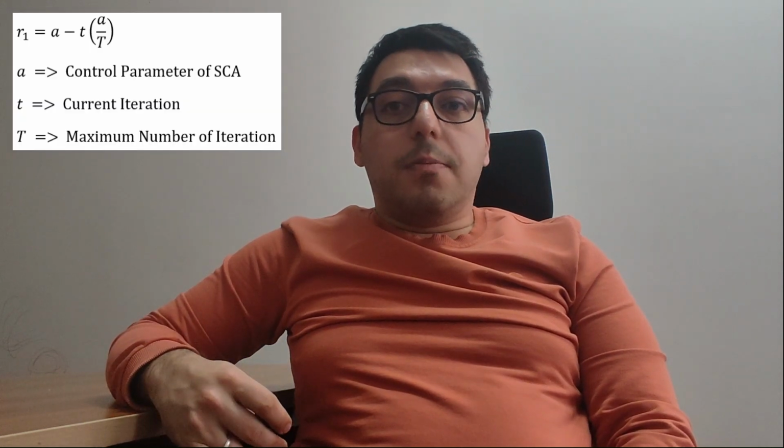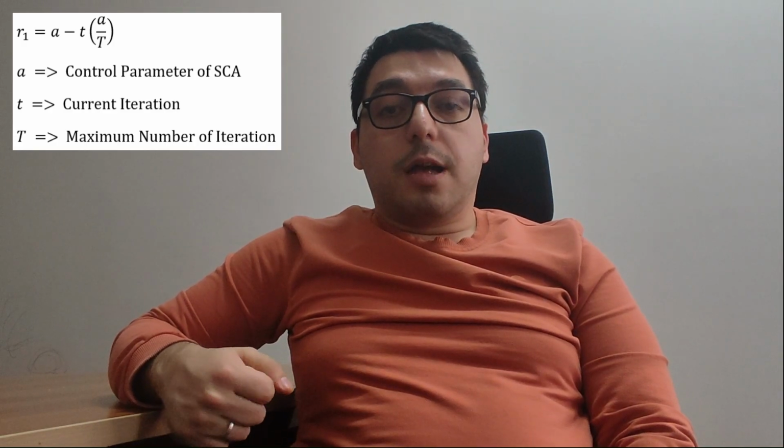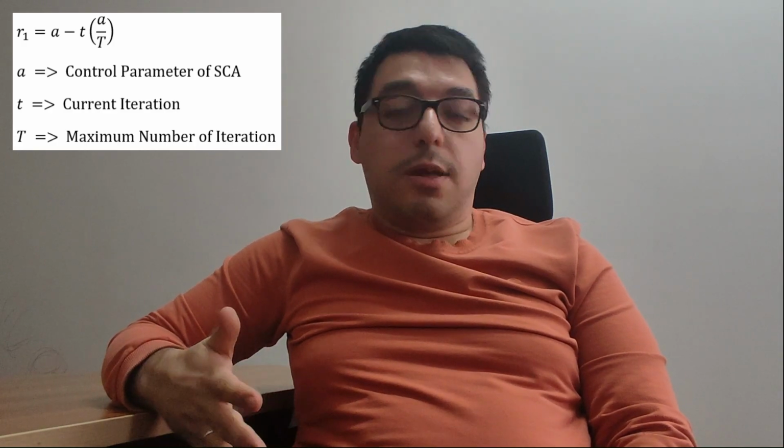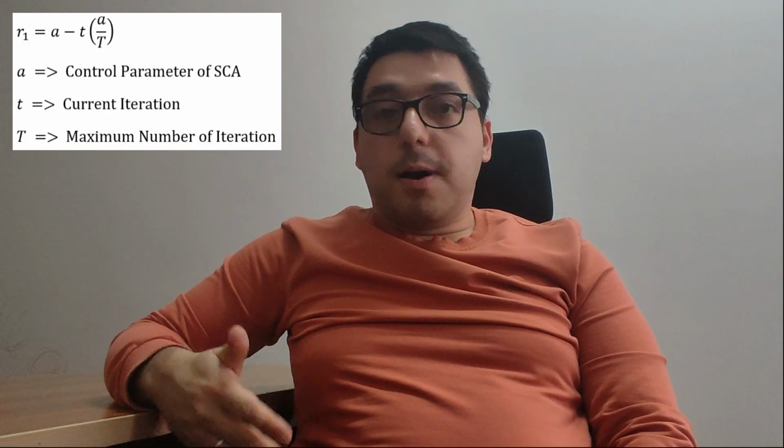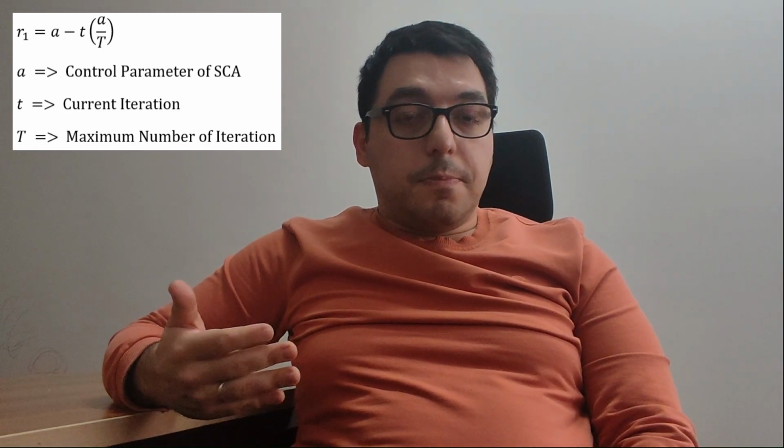So in the iterative loop, firstly, for each iteration, we gotta update the parameter R1, which is the iterative parameter in SCA, and calculated using this formula: A minus T times A divided by capital T. T is the current iteration, capital T is the maximum number of iterations.